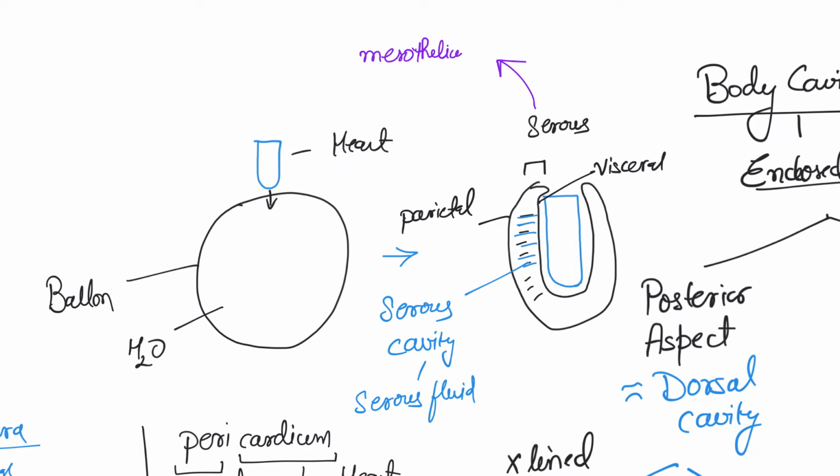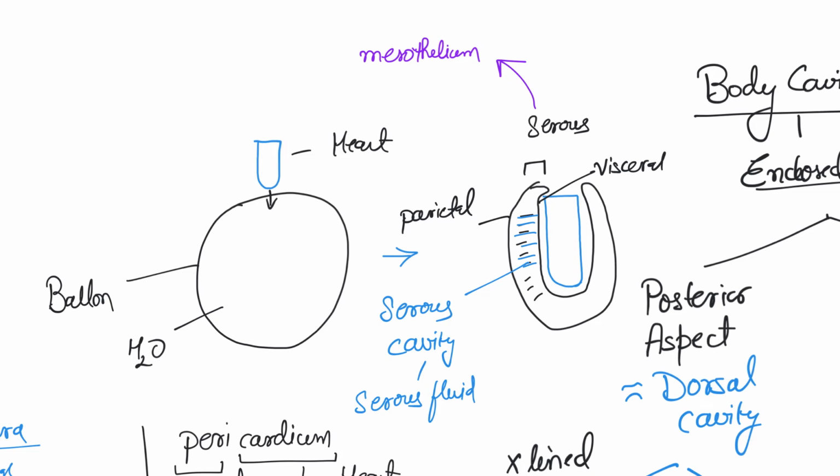So if you remember, we gave a special name to the epithelium of the blood vessels. We call them endothelium, and we gave a special name to the epithelium of the serous membrane, and that's mesothelium.